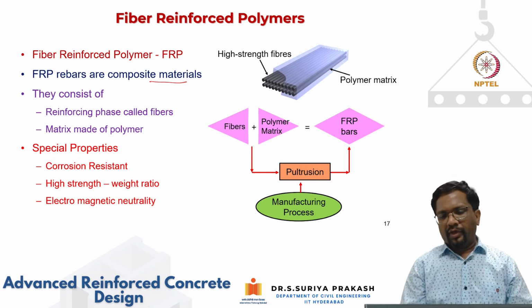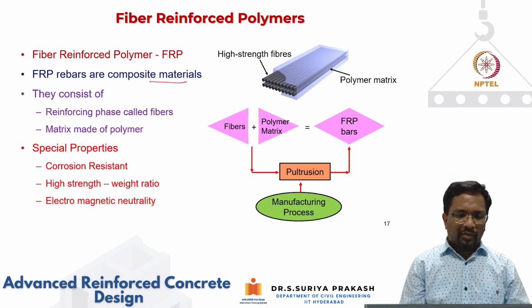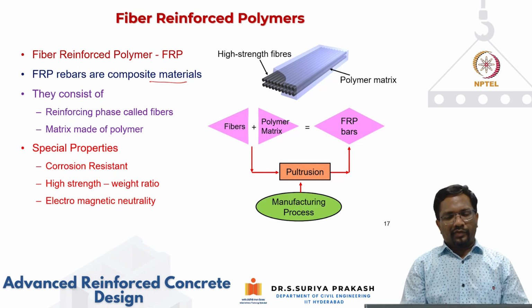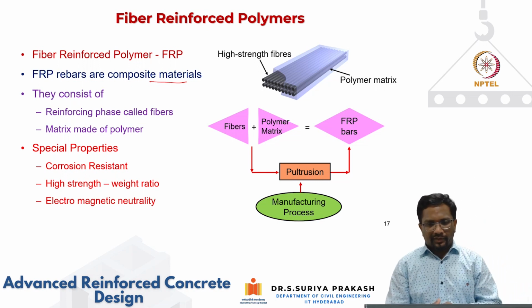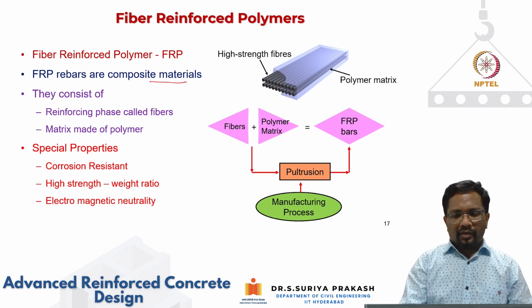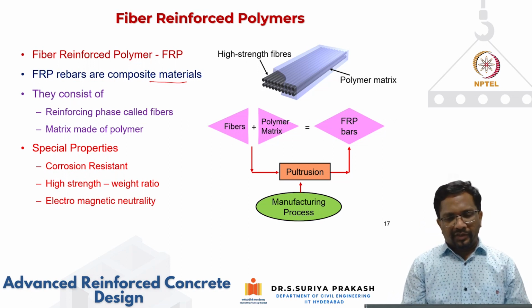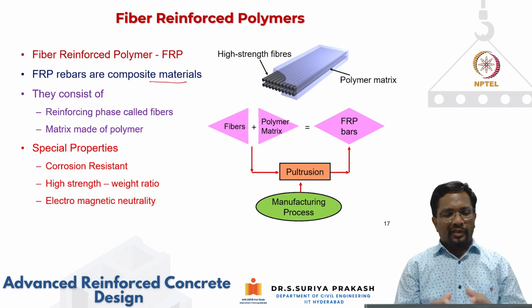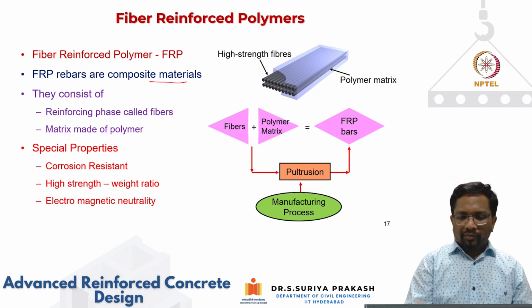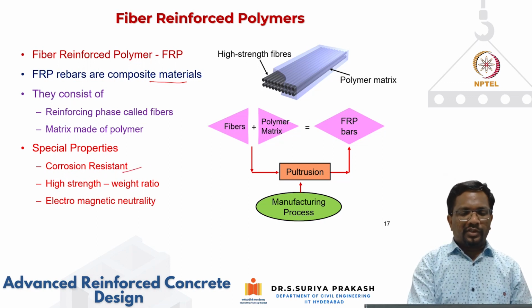material. Here also we make this fiber reinforced polymer using high strength fibers, which are embedded in a polymer matrix, also called resin. The fibers are the main load bearing elements, and this polymer matrix or resin helps to protect the fibers and keep them in place. The main advantage with them is they are corrosion resistant.